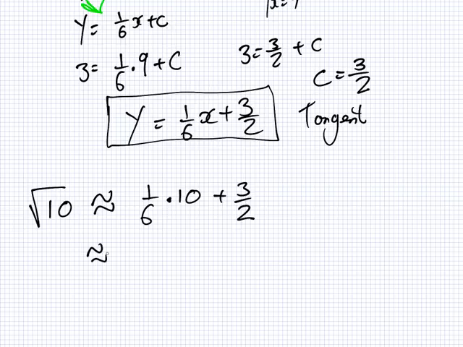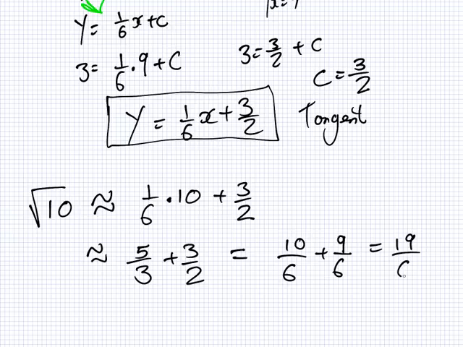So that's roughly 10 over 6 plus 9 over 6, which equals 19 over 6, which is 3 plus 1 over 6, which is 3.167, isn't it? Something like this?